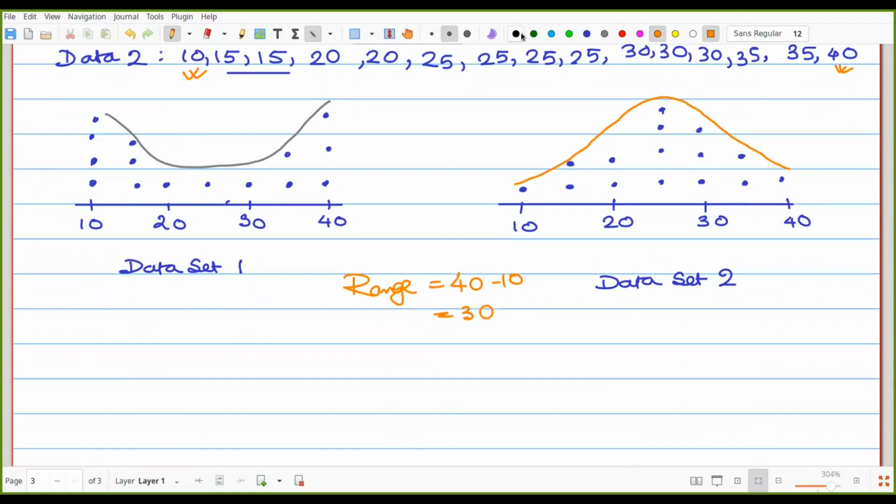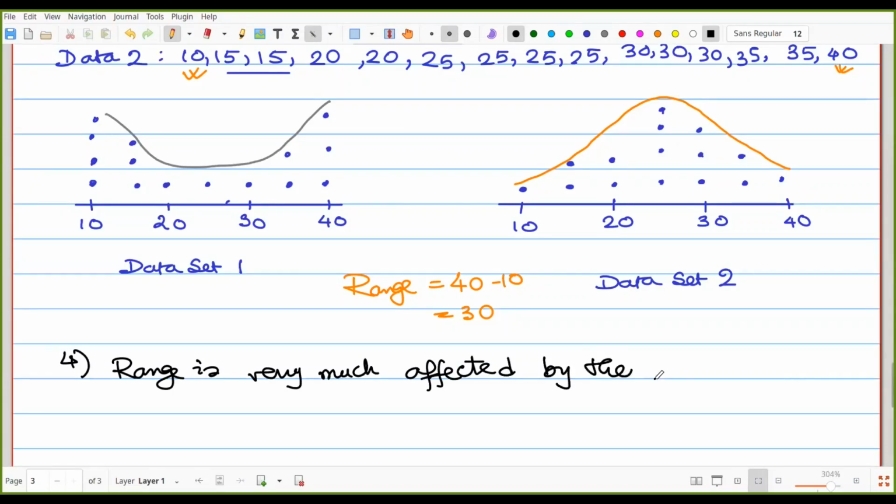Last, another thing: range is very much affected by the presence of any outlier.